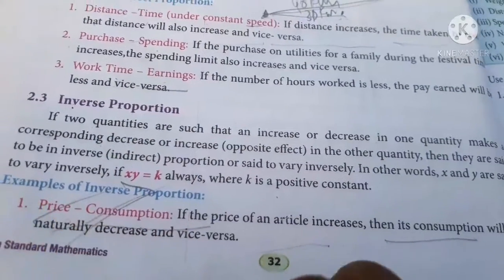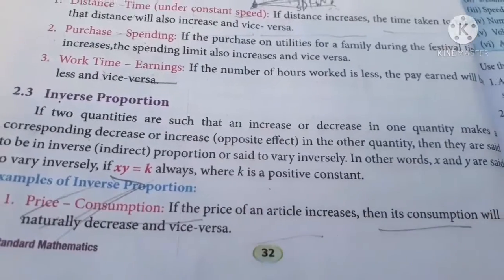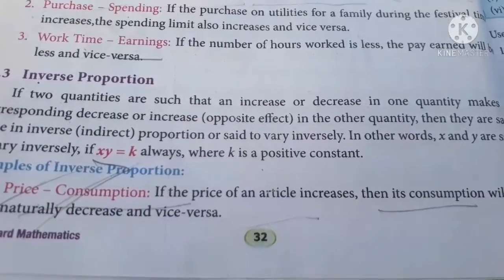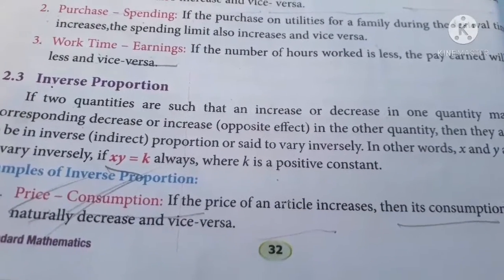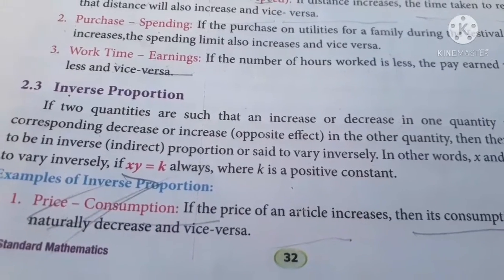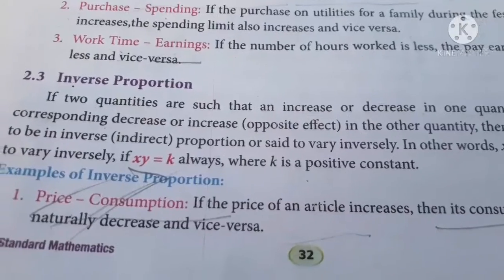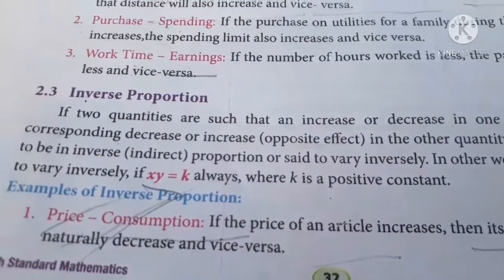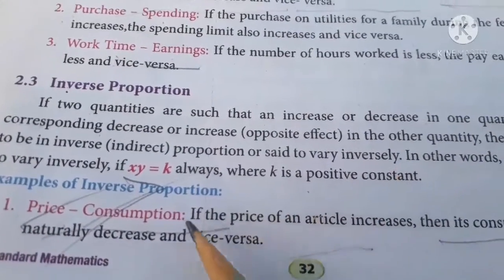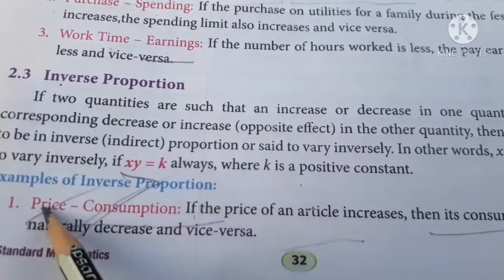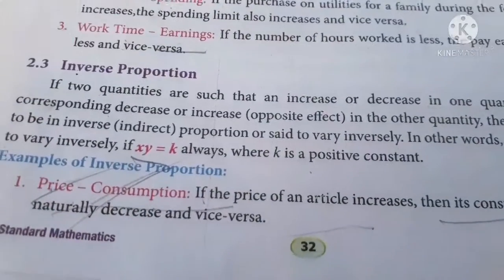But if the price suddenly grows up to 200 next month, then you will consume half a day, because only then can you balance the budget. So you should understand that if the price is increasing, the consumption will decrease.